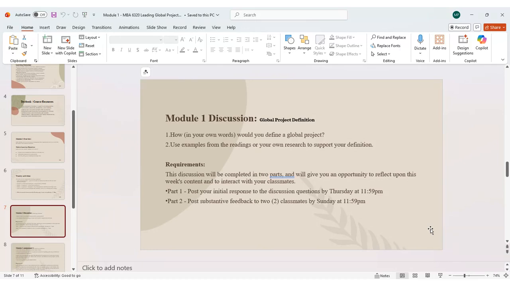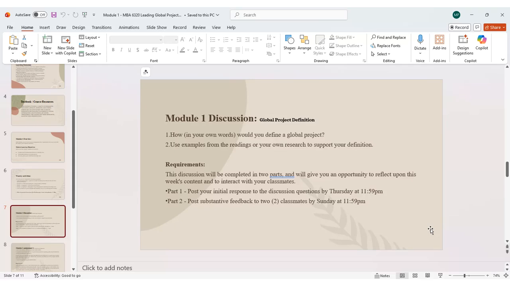All right. So the very first assignment after the quiz is the discussion post. And you need to answer the following, of course, in your own words. How would you define a global project? And you want to use examples from the reading or your own research to support your definitions.